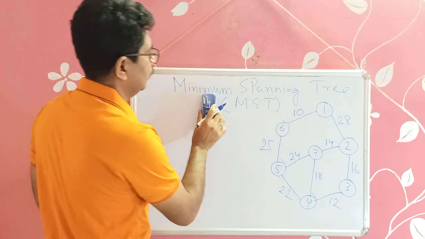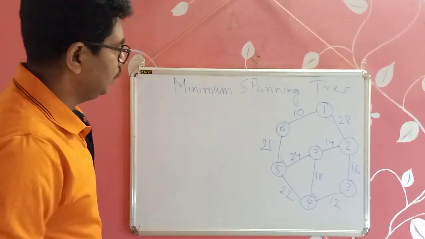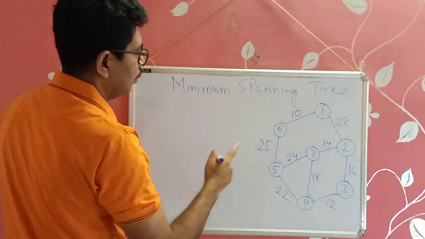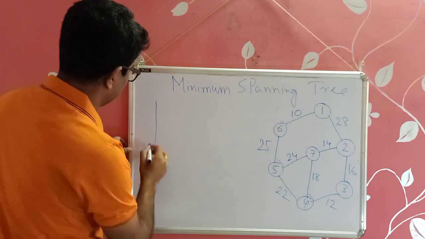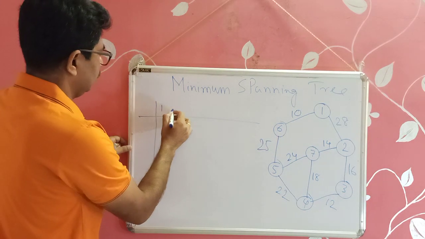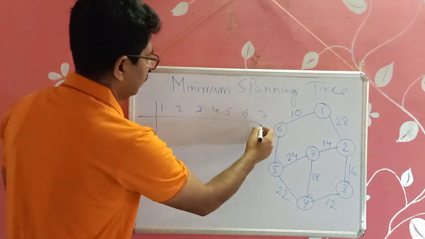Okay. So let us first find the cost matrix or the adjacency matrix, whatever we say. So here we are having how many? 7 vertices. So 1, 2, 3, 4, 5, 6, 7. Right?